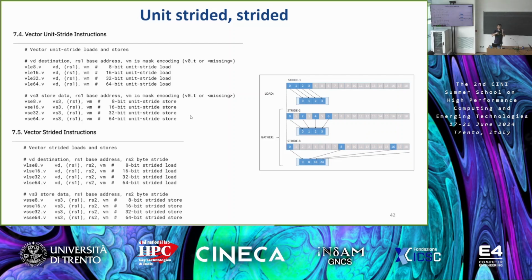What's a key feature for access to the memory? We need to be able to send a lot of requests to the memory at the same time in order to saturate the bandwidth as much as possible. Imagine that you have to do a load of 256 double precision elements.